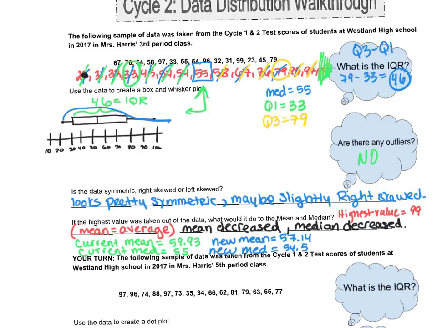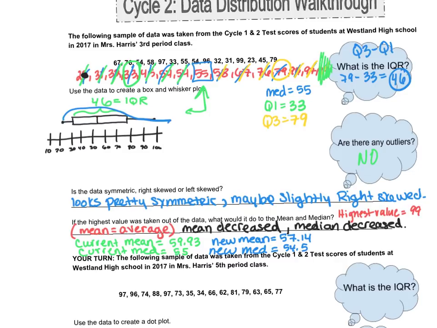The middle of my data is going to shift a little bit to the right because I added something on that side, and so you kind of want to think of it as a scale. If I'm adding something to the right, then the middle's got to shift to keep those two sides balanced. And so if I am adding something on the high end, it's going to increase my mean and median. If I'm taking away something on the high end, it's going to decrease my mean and median.